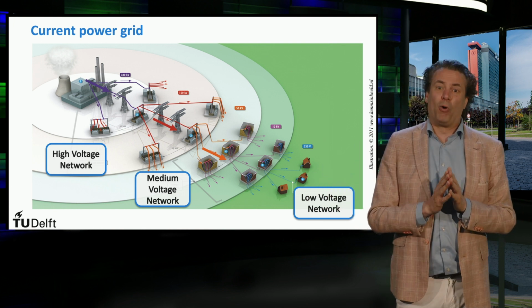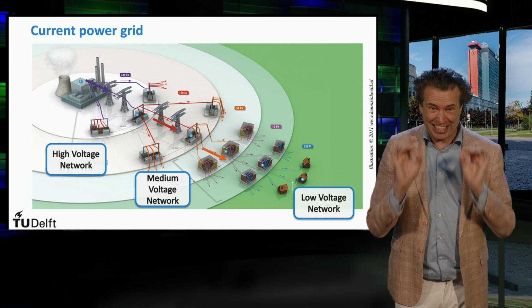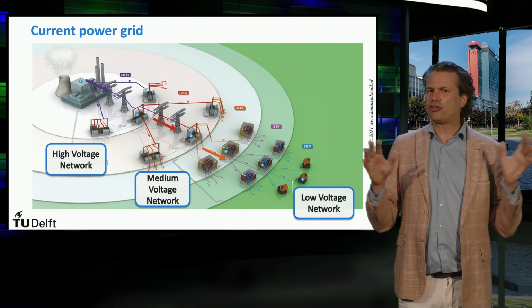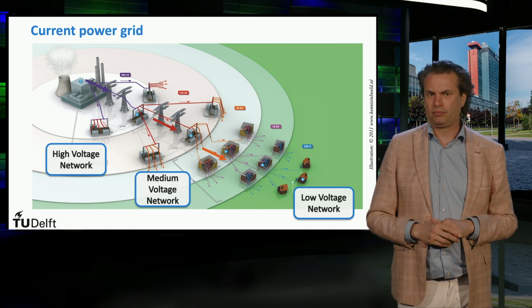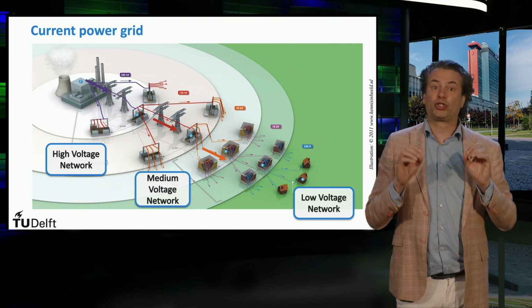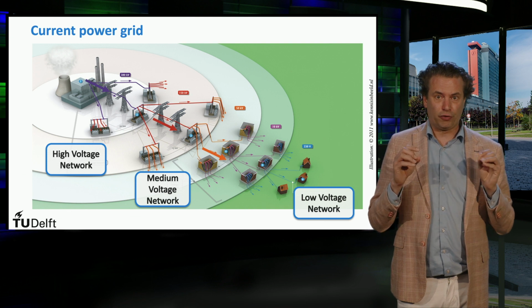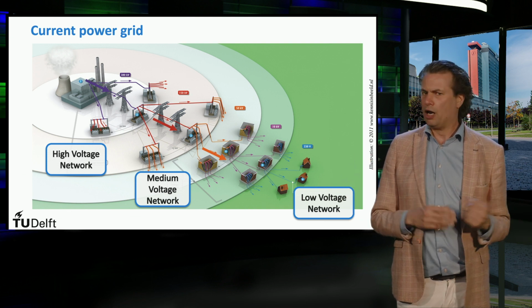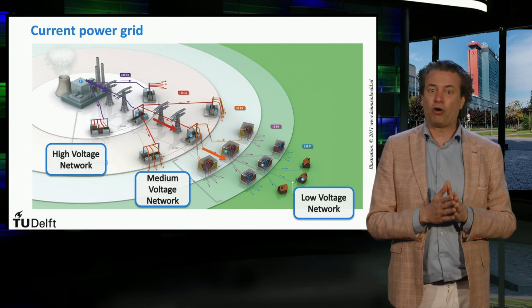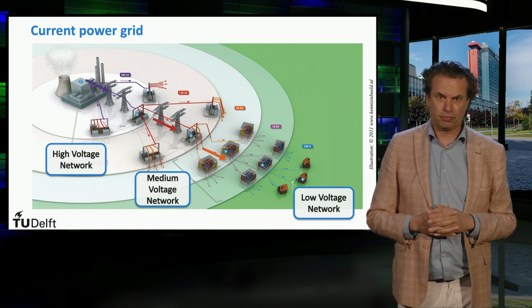This is one important characteristic of the traditional power system, but there are some other characteristics that are worth mentioning. For example, most power plants are controllable and the voltage is increased or decreased by means of transformers. Large power plants operate on alternating currents.